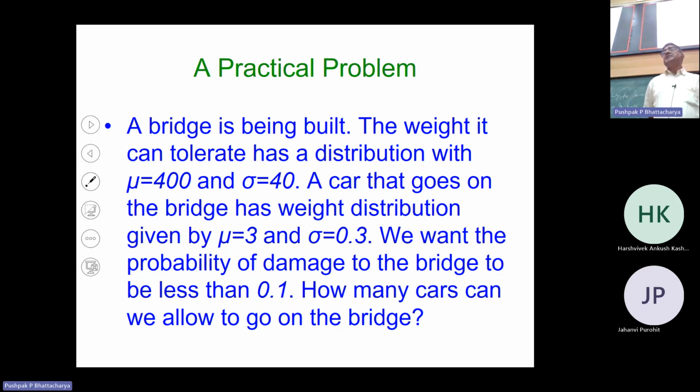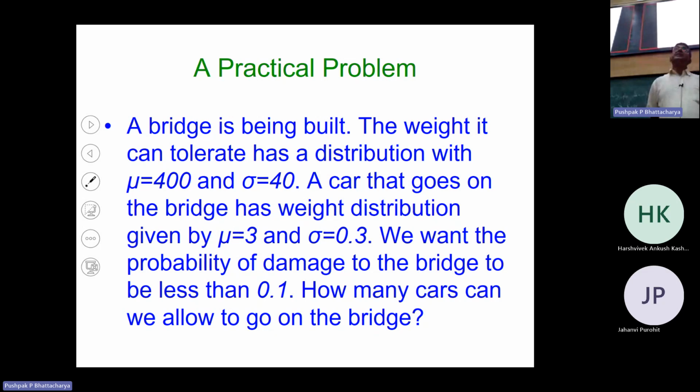Now, the weight the bridge can tolerate has a distribution with mu equal to 400 and sigma equal to 40. As you know, the probability parameters can be computed only from data. If data is not given, you cannot get the parameters of a probability distribution. You are told, of course, that this is normally distributed.